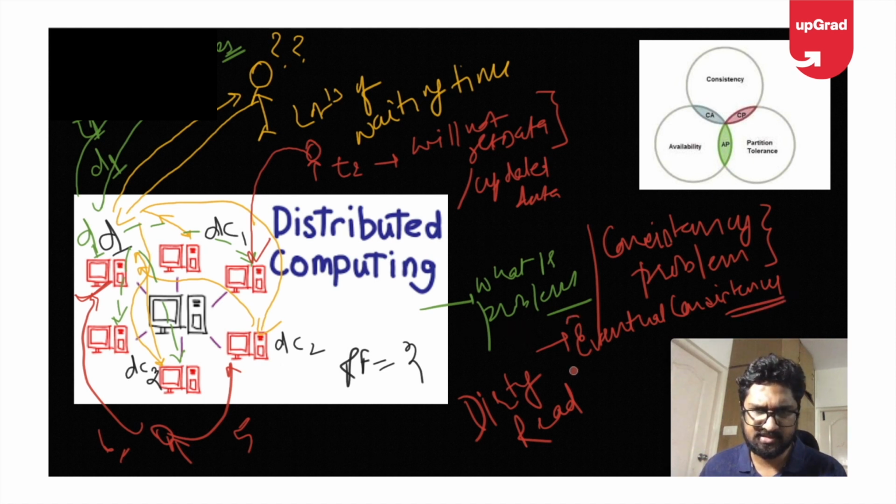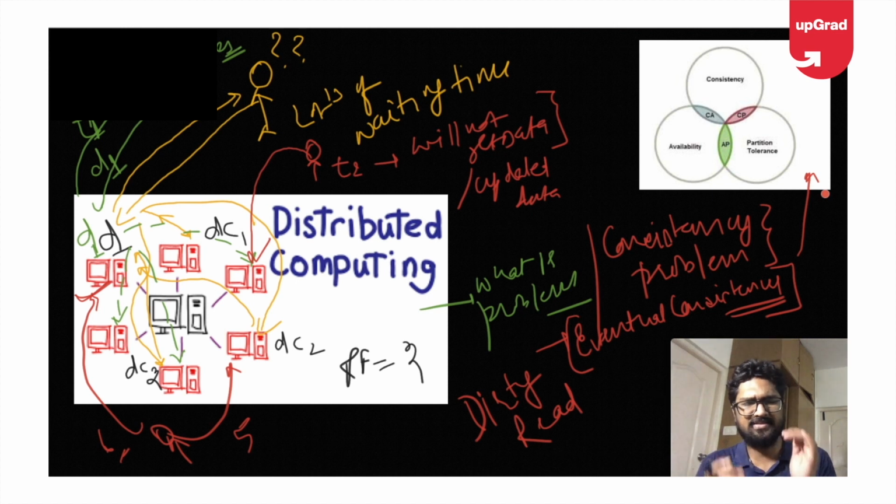This term is the basis of another important theorem, known as the CAP theorem. We'll talk about the CAP theorem in the next slide, but now we have to understand eventual consistency. Consistency means a state in which all the nodes having copies of data all have the same copy.